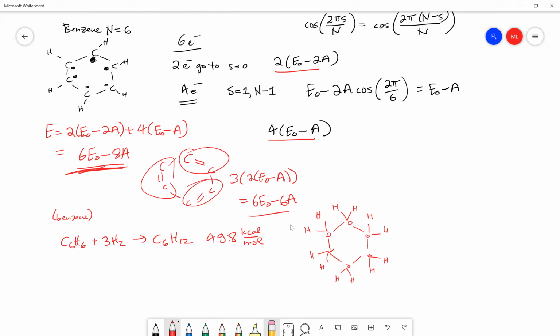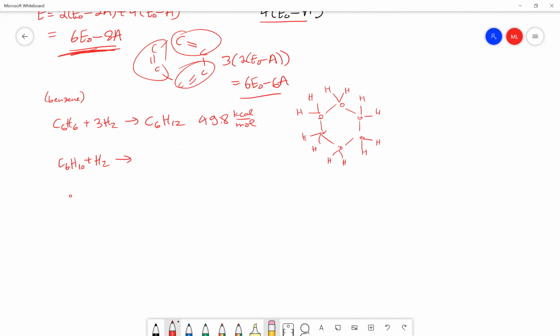That's good. And so what would you do now? You would compare that to breaking a single double bond and seeing what happens there. So imagine we look at C6H10, and we break that with 2 hydrogens. What's C6H10? Again you've got the 6 carbons, and H10 is where everything is paired off except for 2 carbons, like having a little mini ethylene in the middle of the carbon ring.